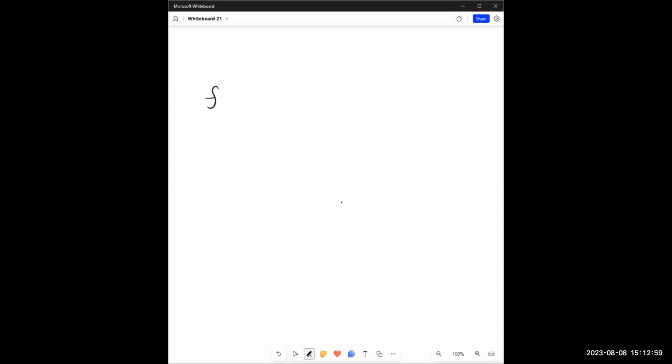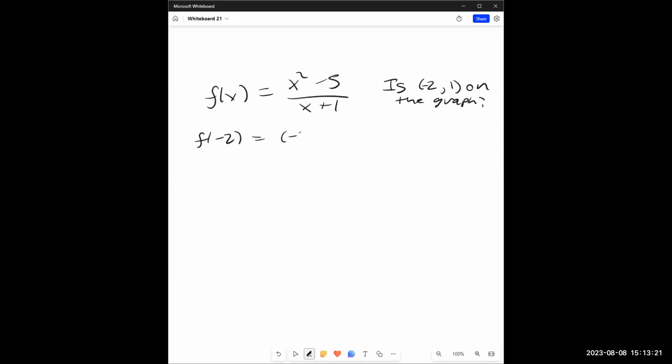If I have a function f of x equal to x squared minus 5 over x plus 1, is (-2, 1) on the graph? Well, let's stick in -2 and see what we get.